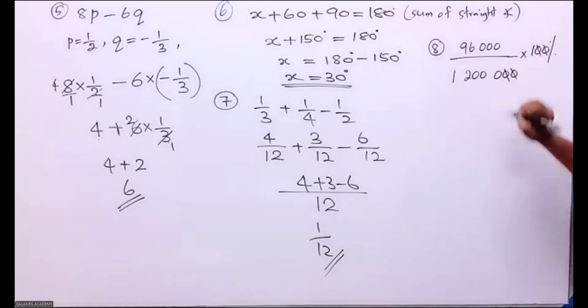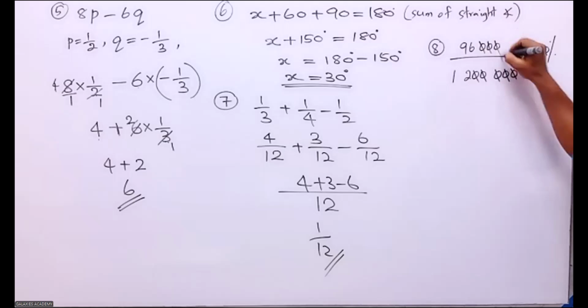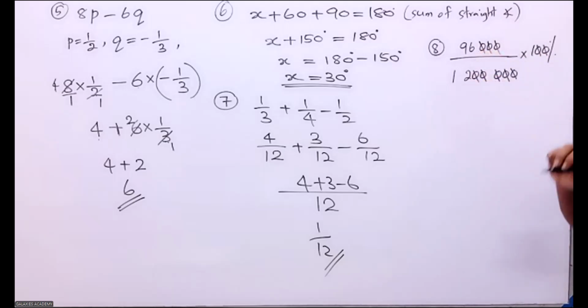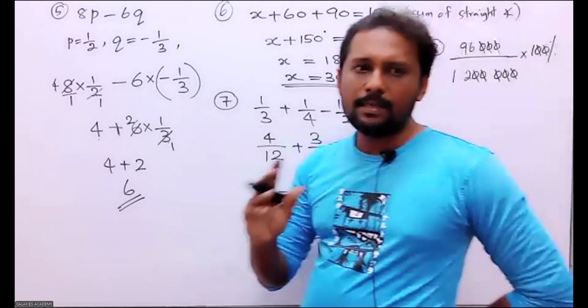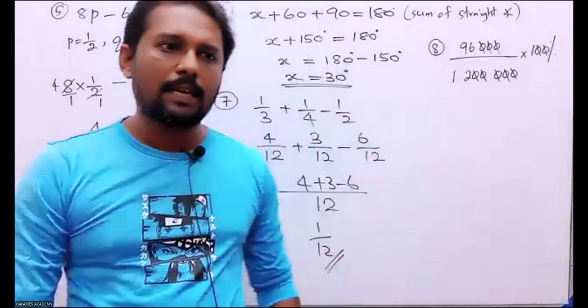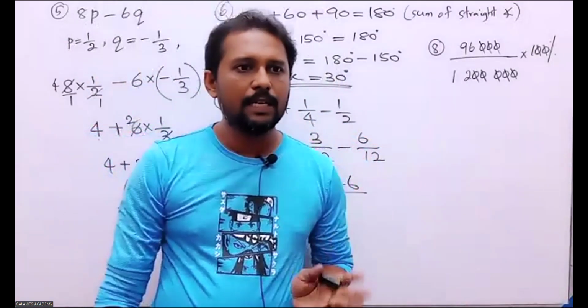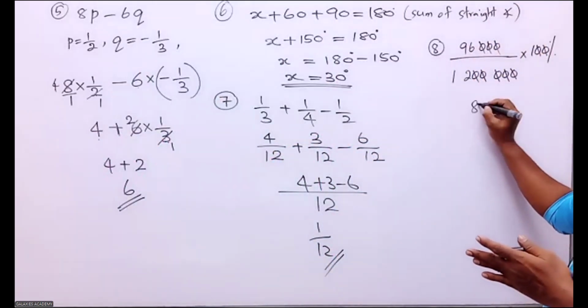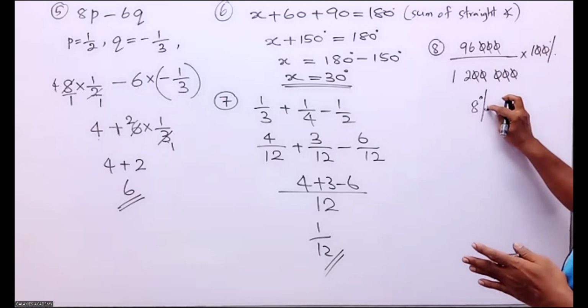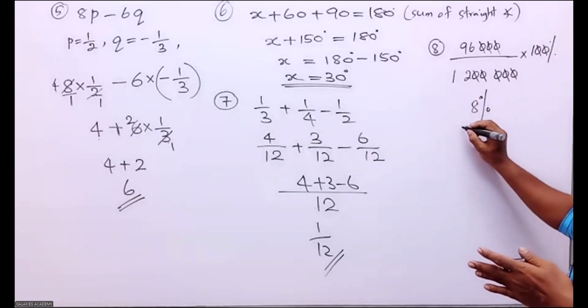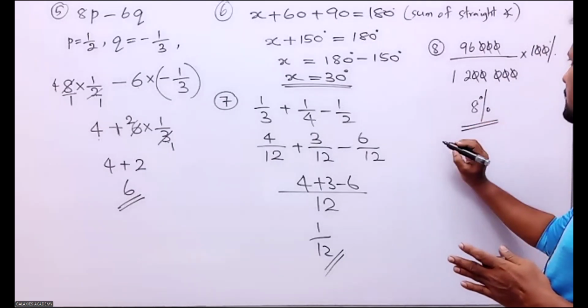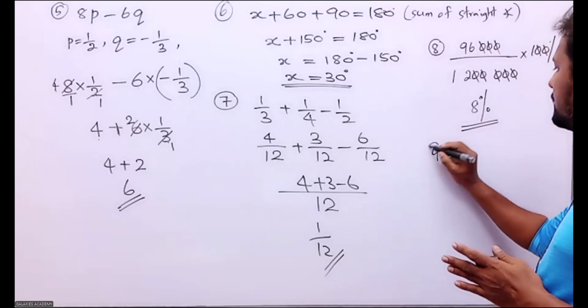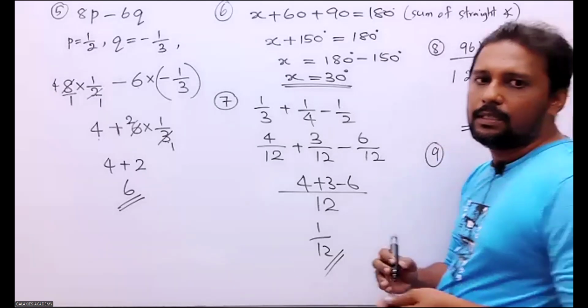I can remove 2 zeros from these two, then another 3 zeros. 96 divided by 12: how many 12s make 96? There are 8. 8 times 12 is 96. So the commission percentage is 8%. That is number 8.